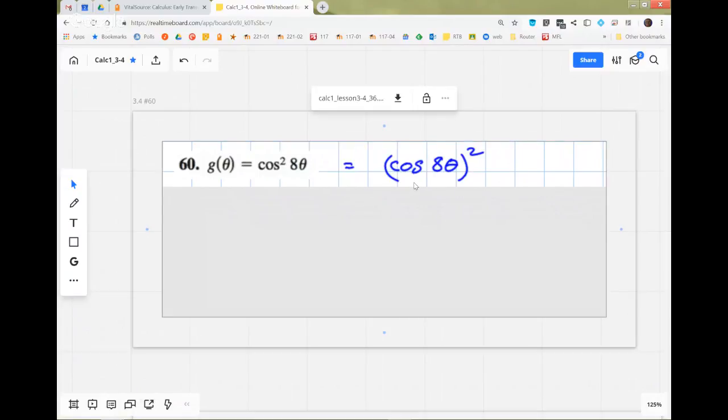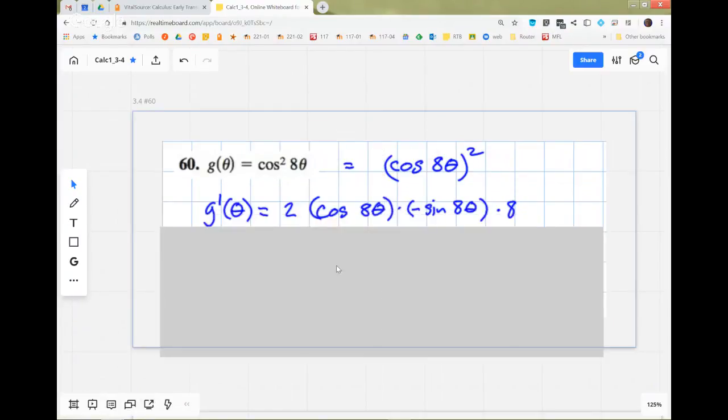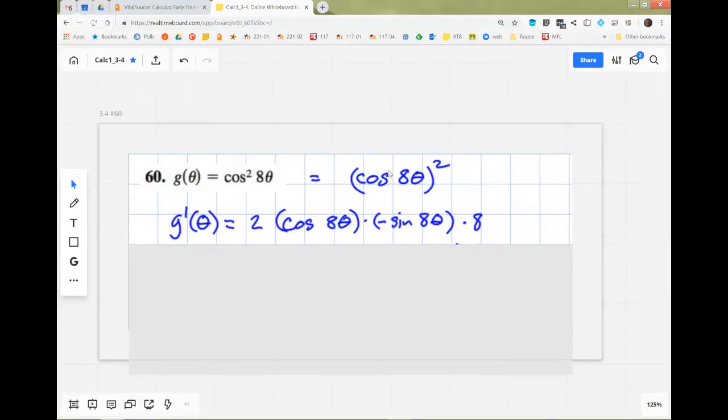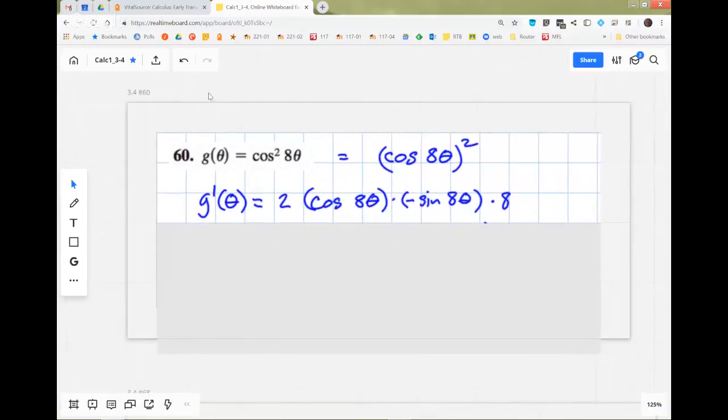One of the unfortunate things about some of the shortcuts that we have in trig is that they need clarification before we do a derivative. So anyway, we've got that done. So what's the derivative of the cosine of 8 theta squared? Well, first of all, it's a power rule on the outside. 2 times the cosine of 8 theta to the first power.